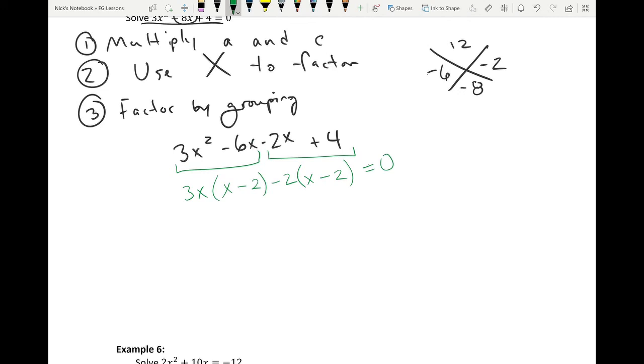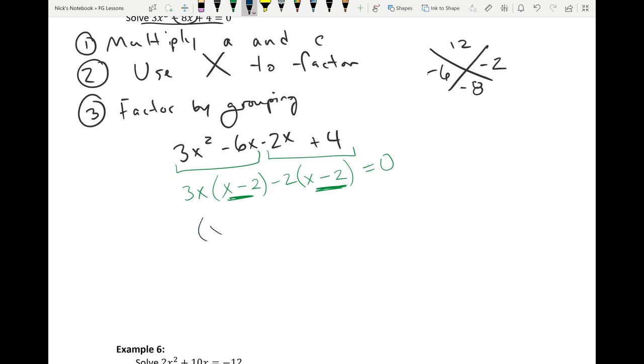Now we see that this is really interesting. Every single time it's factorable, you'll see something like this. Whatever is left within these parentheses should be the same. This is essentially double factoring. Sometimes we call it double distribution. You can take out and refactor this x minus 2.